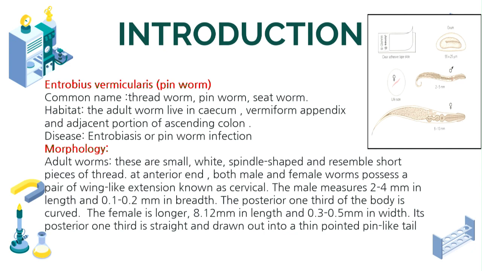The male measures from 2 to 4 millimeters and is smaller than the female, which is bigger and longer. The posterior end is drawn out into a thin, pointed, pin-like tail.